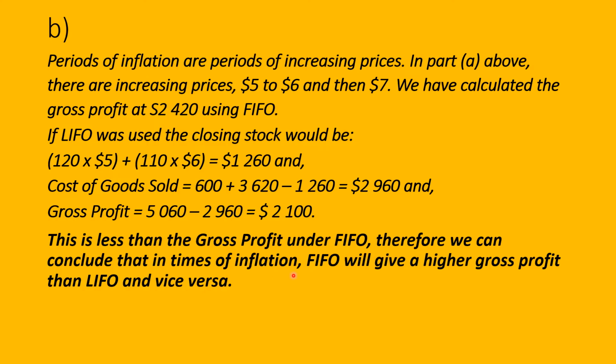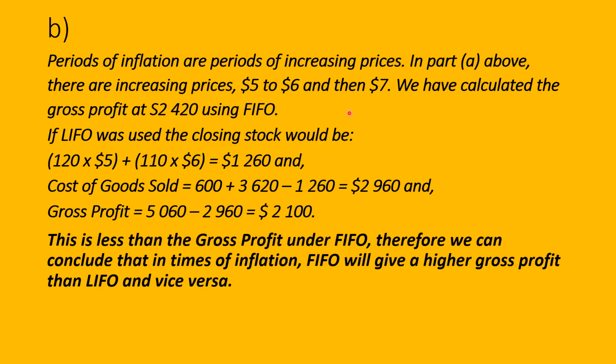Perhaps you didn't notice that the data given was giving you a period of inflation, 5 to 6 and then to 7. What you would probably have done was make up your own example, and it would not work because you would have had to do it twice, the same set of data with FIFO and LIFO.